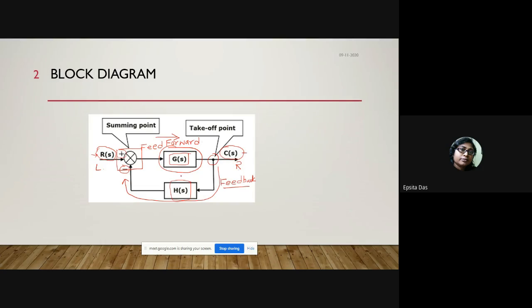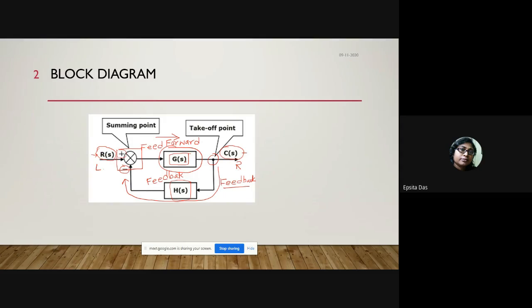Naturally, the transfer function involved in the feedback path is called the feedback transfer function. Since there is a feedback loop, we can get the overall transfer function, which is known as the closed loop transfer function.